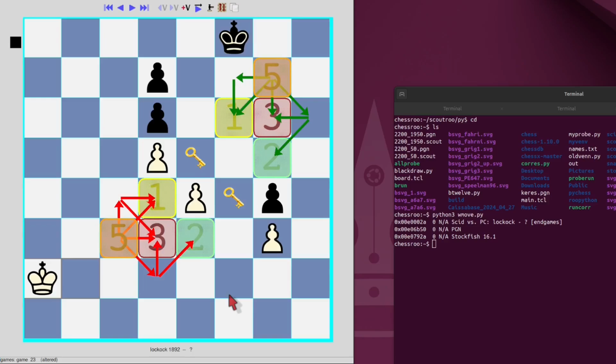But he's also threatening to go to another square, in this case d2, which is a square away from the 2 square. And he's also threatening to go to c4 and then to d4, i.e. triangulating to get to the square number 1.